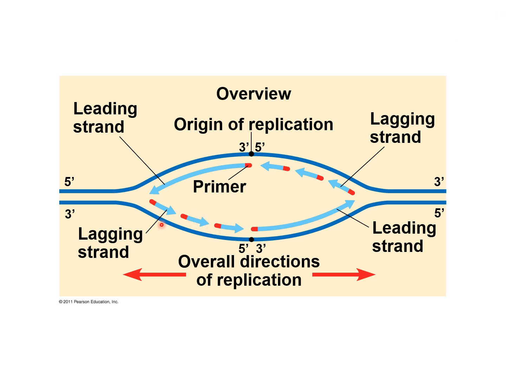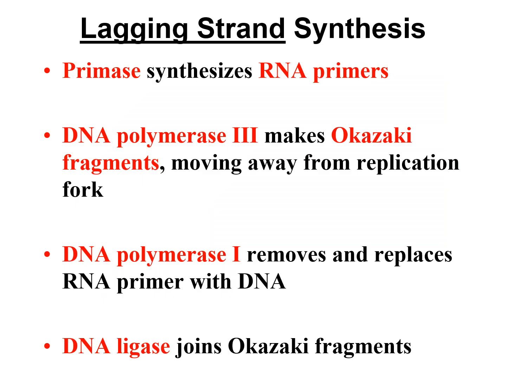And then we'll back up and make our third Okazaki fragment, again going away from the replication fork. So that's the lagging strand. All right, and then we'll talk about all of these enzymes on our next picture here.